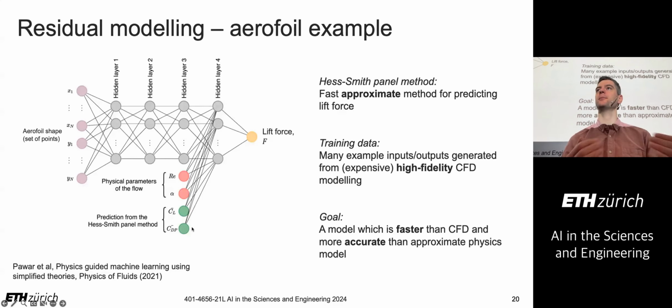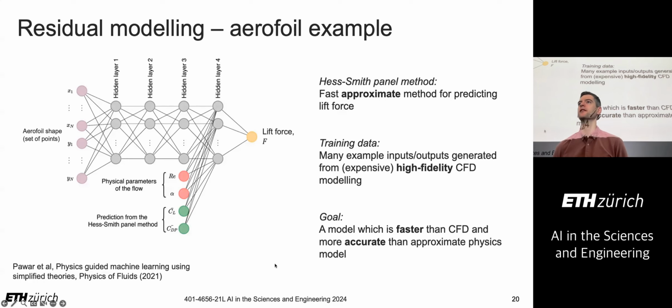And it combines all these inputs together to then finally produce a prediction of the lift force. So you can see how this is a residual model. We're taking in existing predictions from an approximate physical model, and then we're combining it with some learned function that tries to improve the prediction of that physical model, which we're going to train from some training data set.